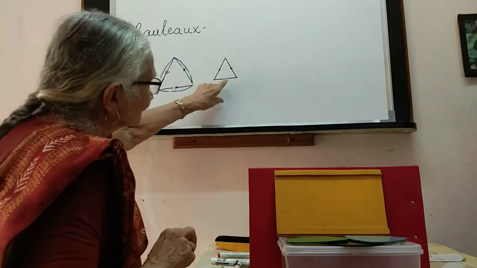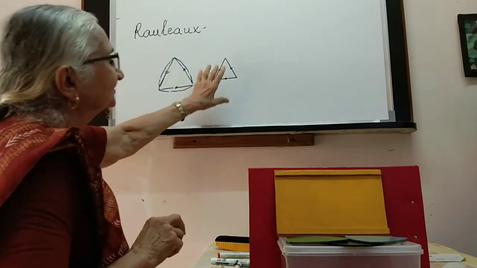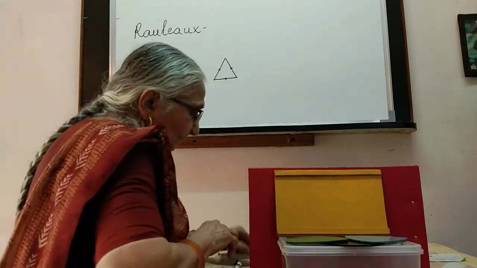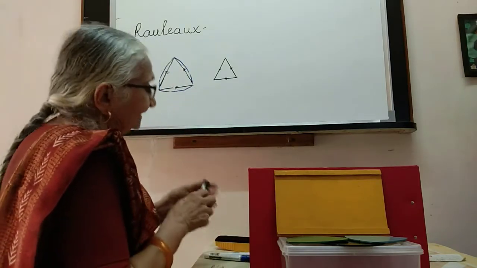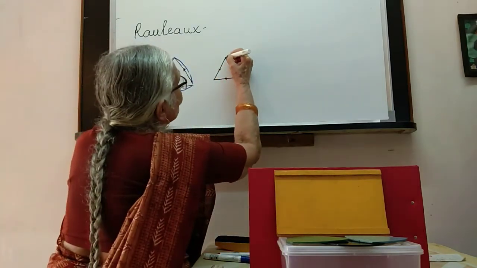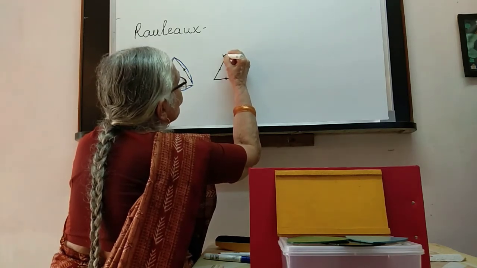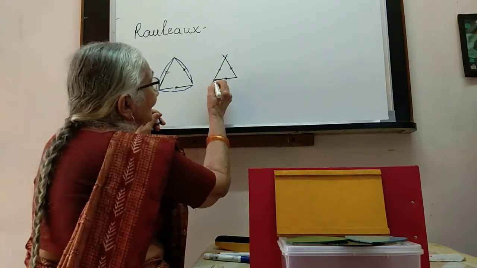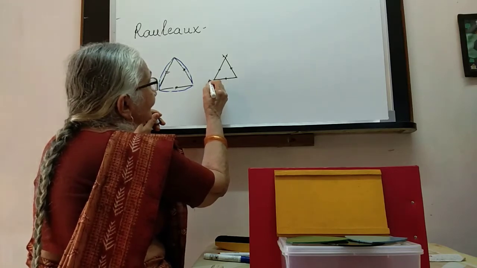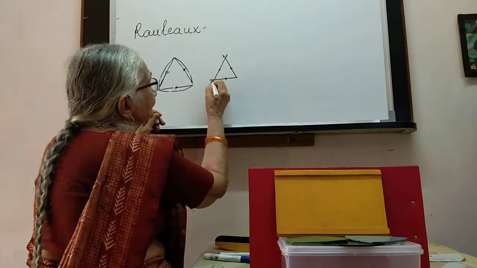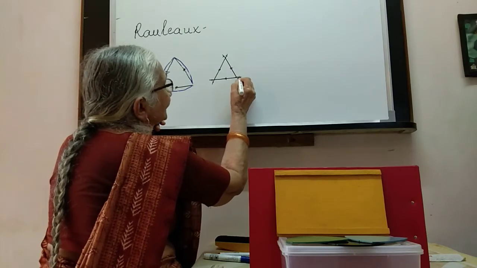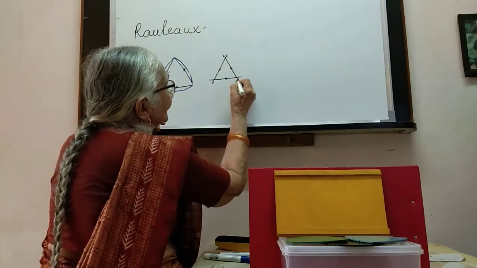The only thing is you start with a similar equilateral triangle, but you extend the sides a little bit. And these two should be equal. Same length you extend at this vertex, and the same length you extend at this vertex.